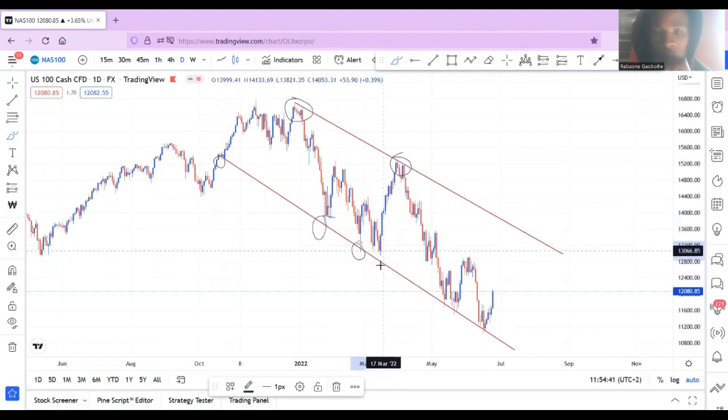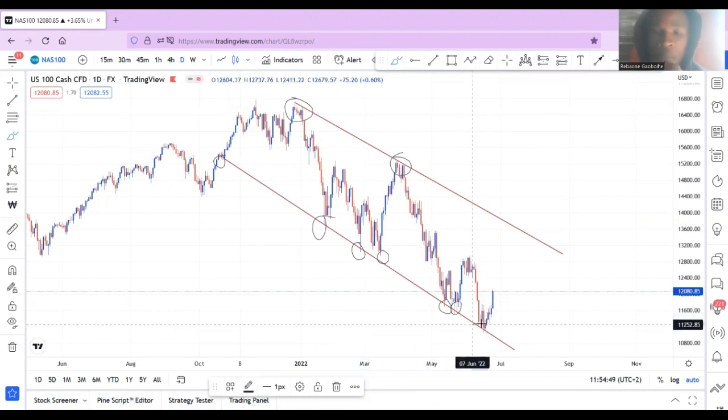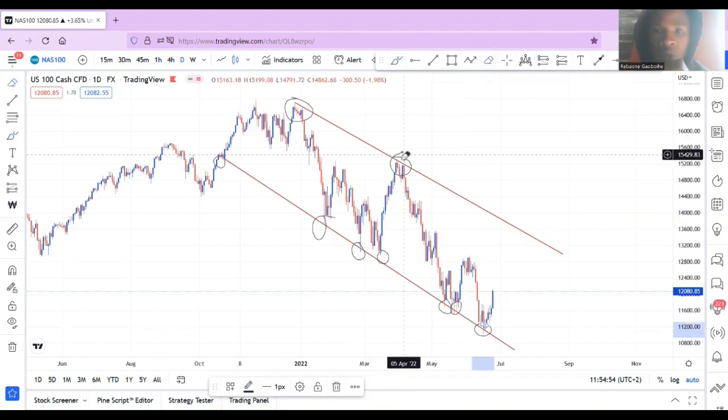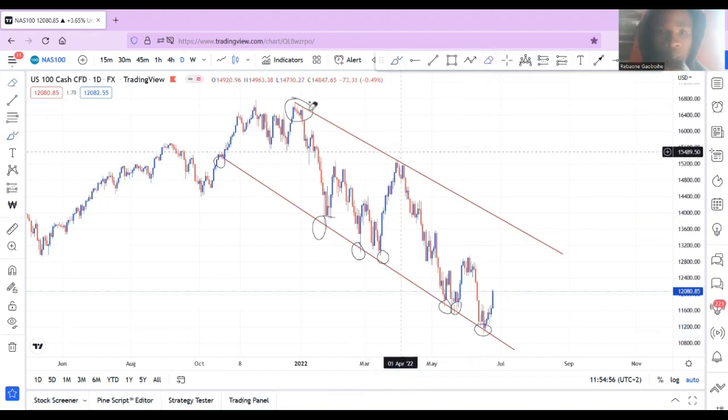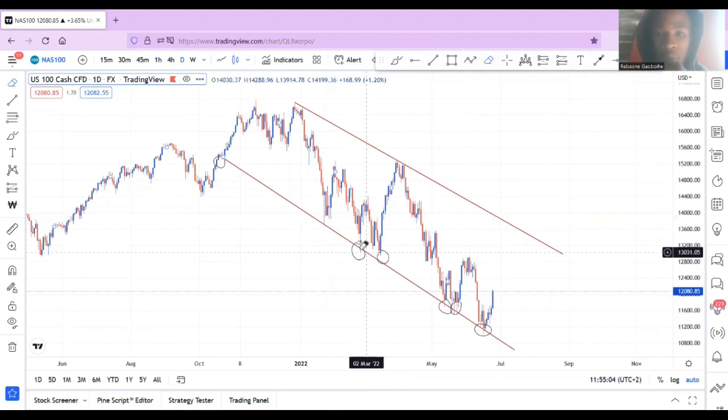This tells us that the market is in a downtrend, which means the overall trend is a sell, a bearish market, right? We are looking for overall selling opportunities unless the market decides to break out of this structure. So currently I see buying opportunities, right?